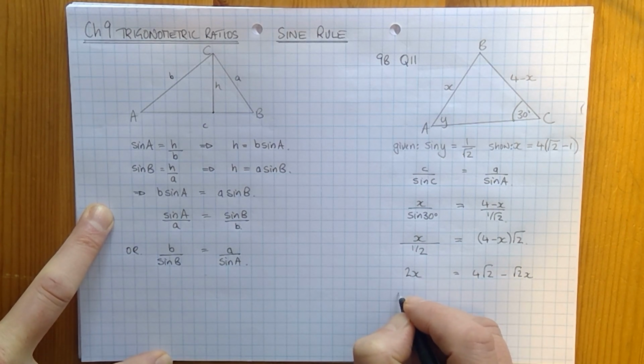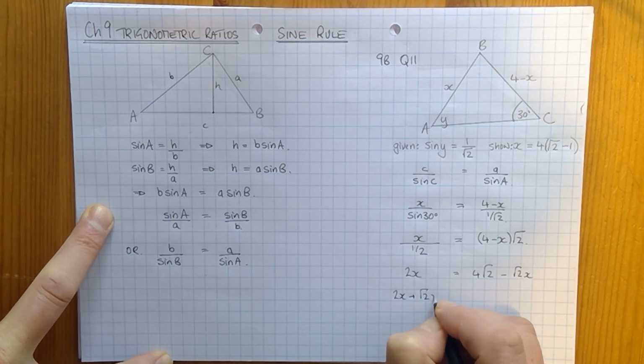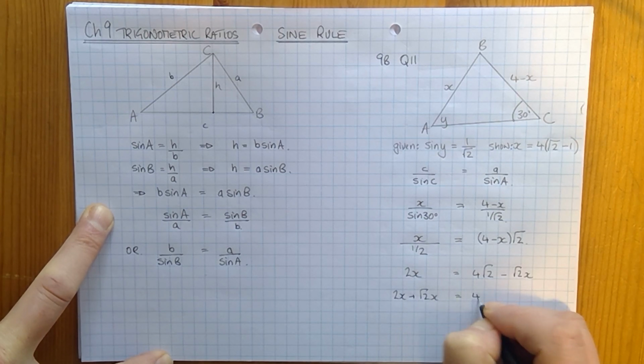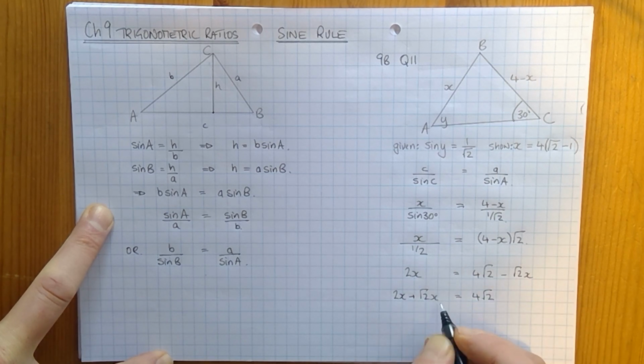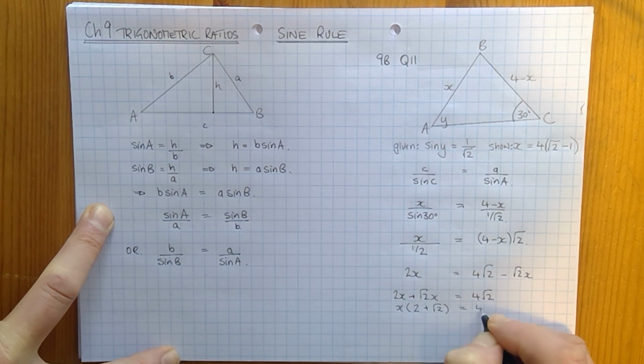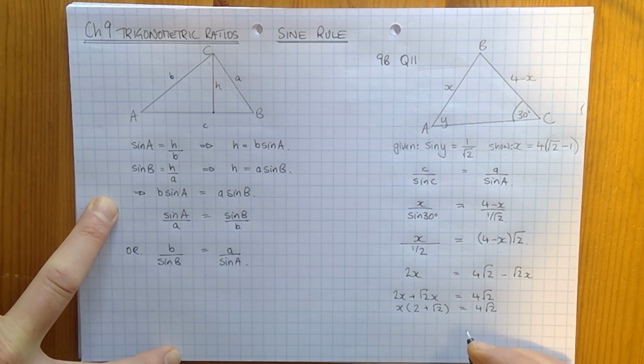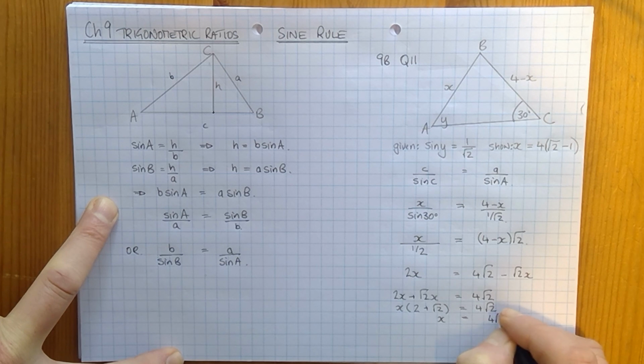So I've got 2x plus root 2 x equals 4 root 2. I'm going to factorize this. So I've got x times 2 plus root 2 is 4 root 2. So x is therefore 4 root 2 over 2 plus root 2.